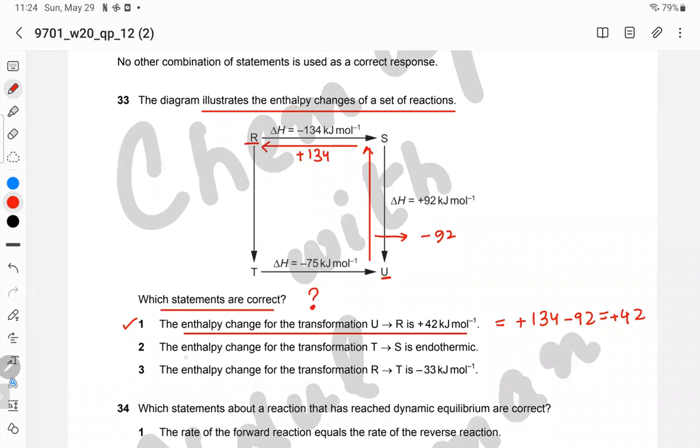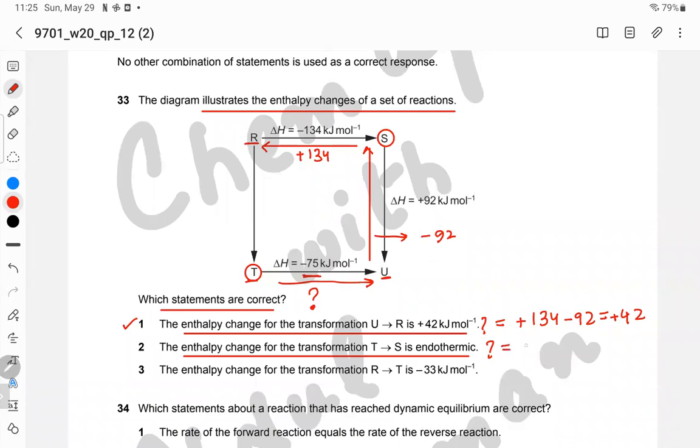Now, the enthalpy change for the transition of T to S is endothermic. So I have to look into this as well. Here I have a T and here I have an S. I can use this value because I am moving from T to U. And when I move from U to S, it's minus 92.